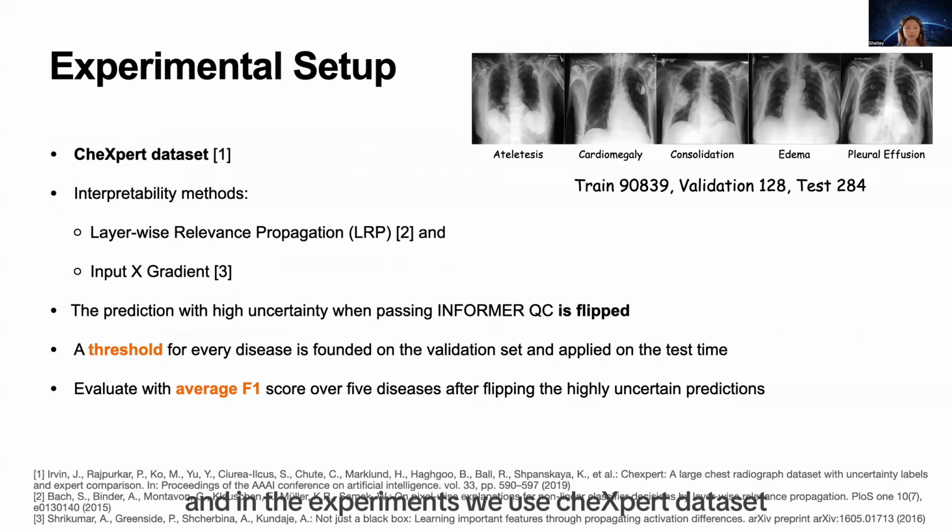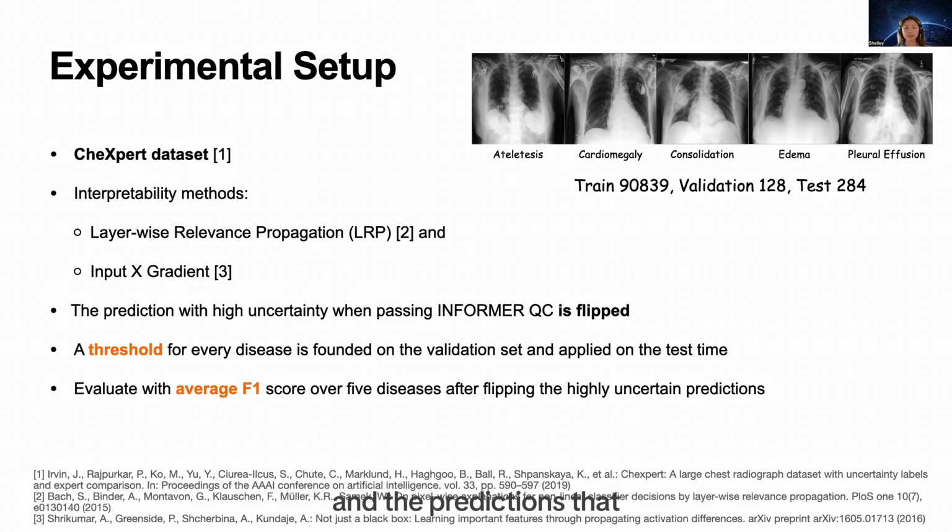And in the experiments, we use the CheXpert dataset, which is a public X-ray dataset that comes with a challenge. Following the CheXpert challenge, we also focus on 5 pathologies, which are atelectasis, cardiomegaly, consolidation, edema, and pleural effusion. And we evaluate across attribution methods, which are LRP and input times gradients.